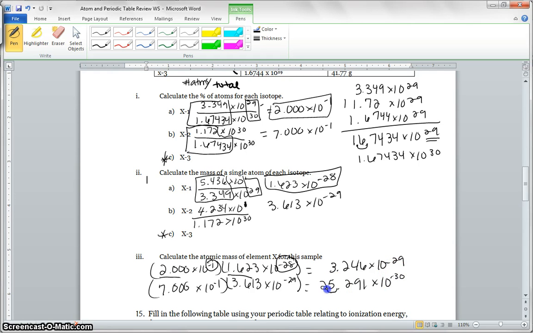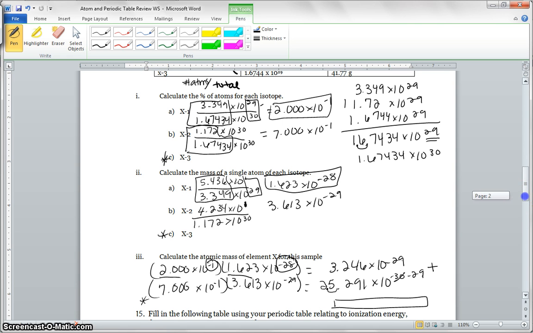But we need to move this over, making this number smaller, so the exponent has to get bigger. So it's going to be 2.5 times 10 to the negative 29th. Then I'm going to let you do the last one by yourself. After you get the last one, go ahead and add these all together. You're going to add this one plus this last one that you multiplied, and then you should get the final answer. And then you can check that with the answer key as well.